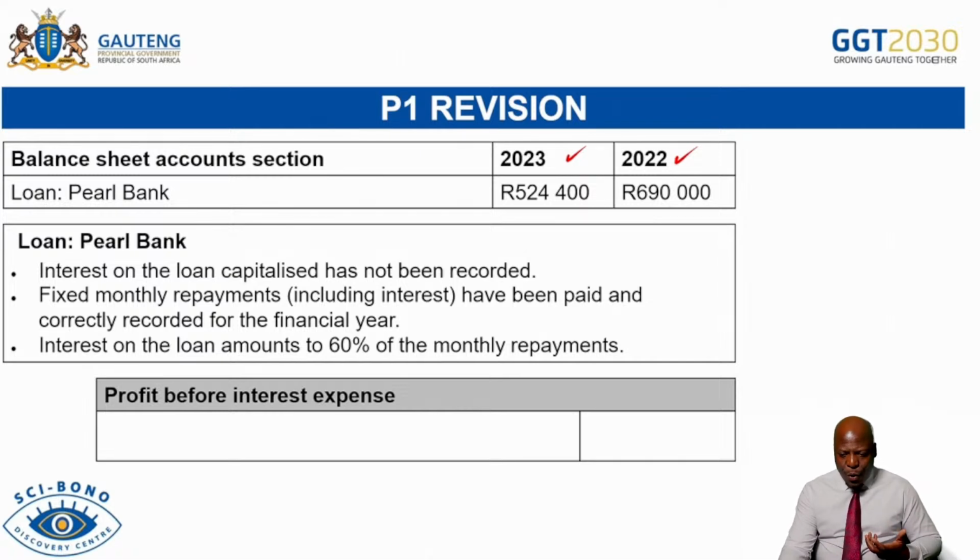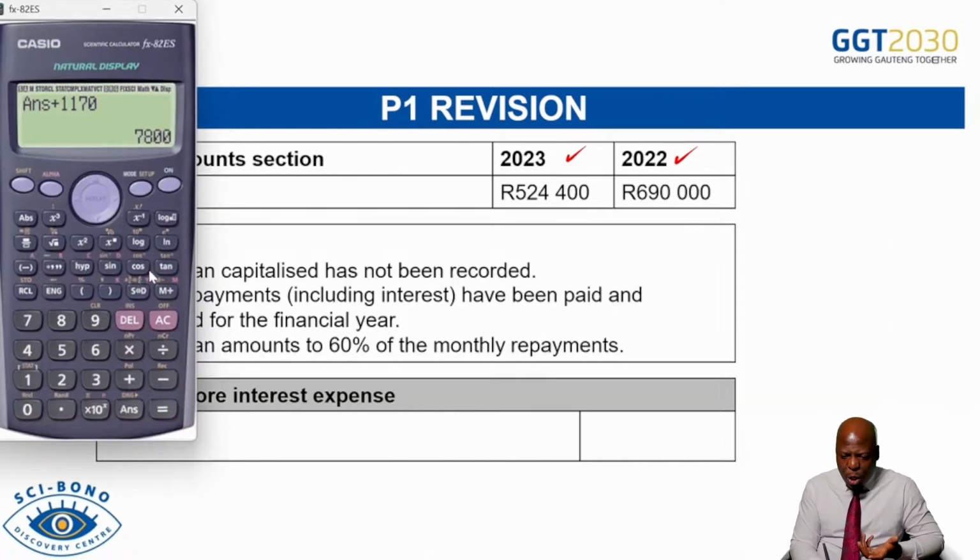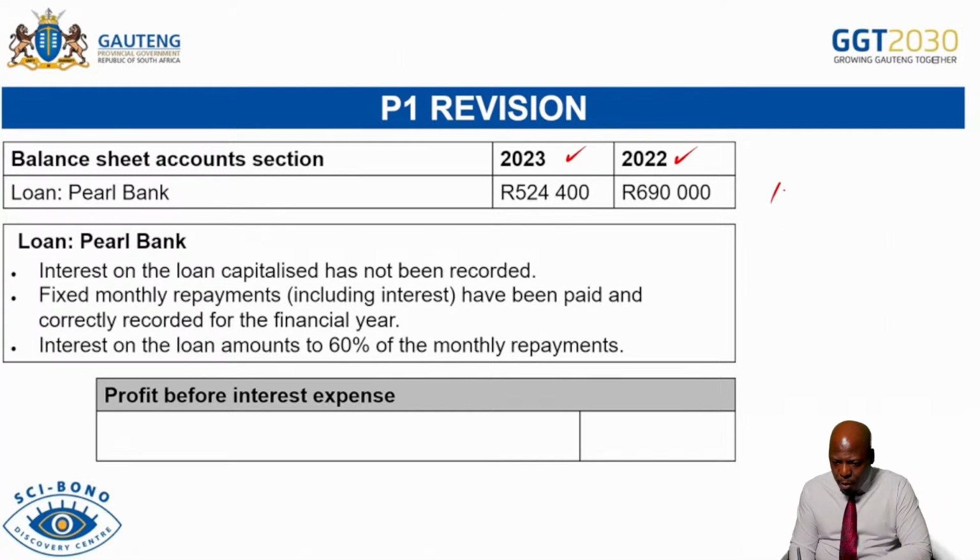Okay, so to do that, it's very easy. We're going to now say, how much have we paid on the loan? It was 690,000, and then we subtract the 524,400. We're going to remain with 165,600. So I'm going to come here, that's 165,600.